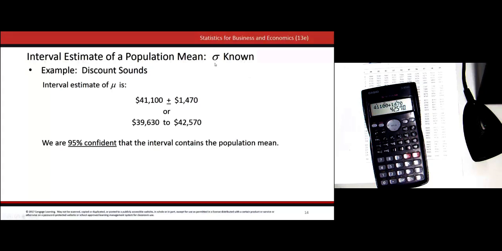So we use that sigma: z alpha over 2 times sigma over square root of n is the margin of error. So the lower limit of the interval is 39,630, upper limit 42,570. So we are 95% confident that the interval contains the population mean.